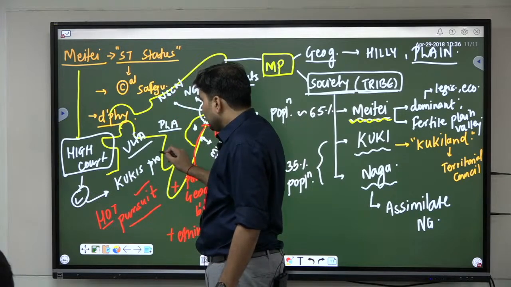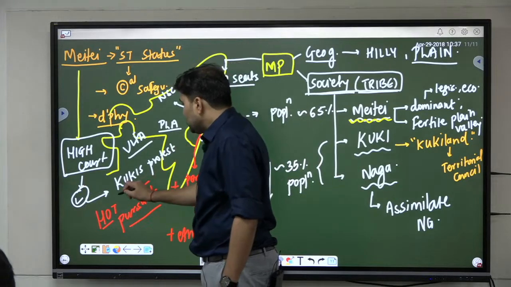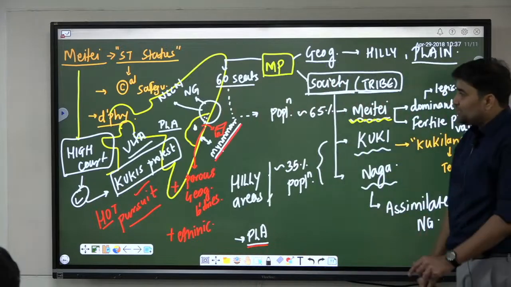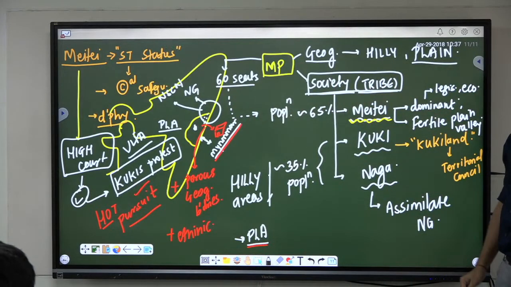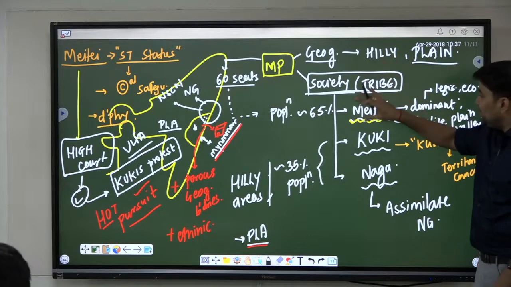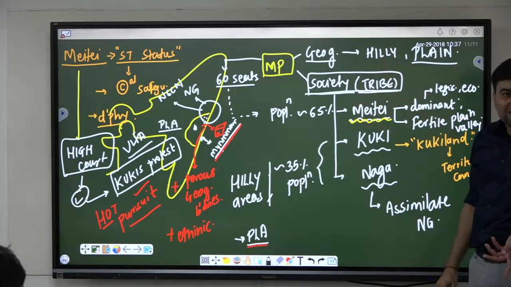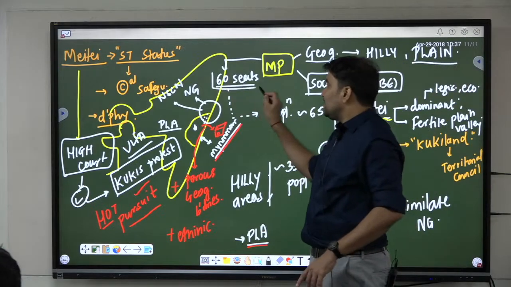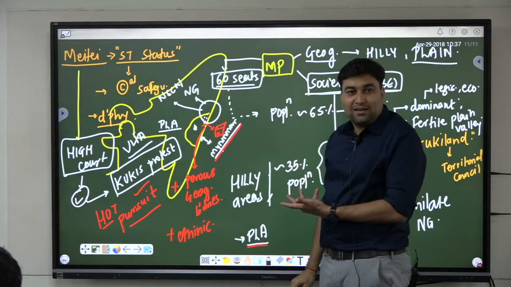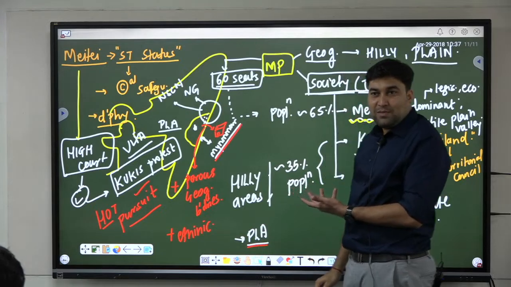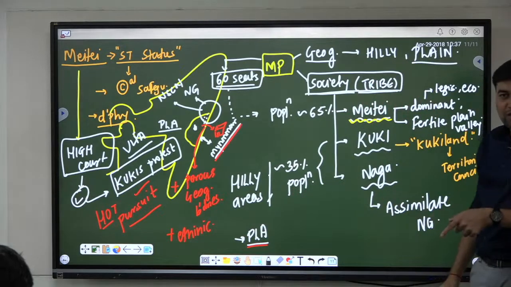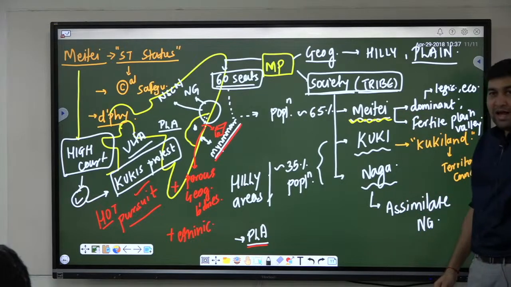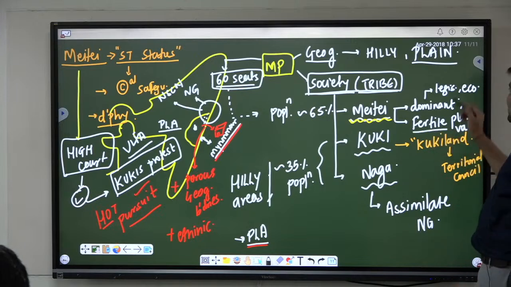Kukis started to protest. Now question is, why have the Kukis started to protest? Because Kukis say, in what sense you are saying Meiteis are economically and culturally backward? Out of the 60 seats in the assembly, 40 seats तो इन्हीं का है. That means dominant population representation in the Manipur assembly comes from your community only, and most of the seats are present in this fertile Imphal valley only.